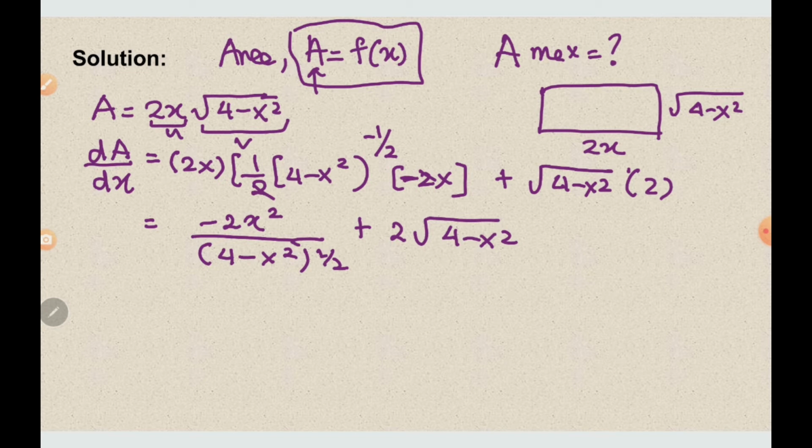Then you have to know that for this function, x cannot equal 2.